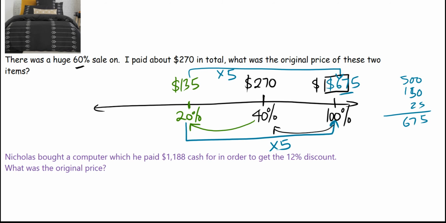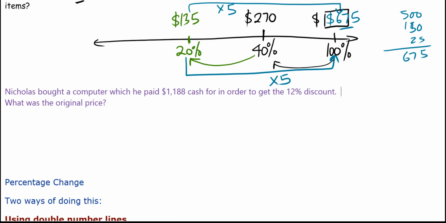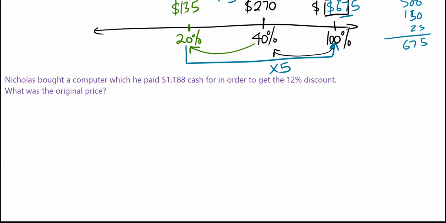How'd you go with that one? Let's have a look at this one here. So a number line, and we've got 1188 somewhere on it. So just pop that there.